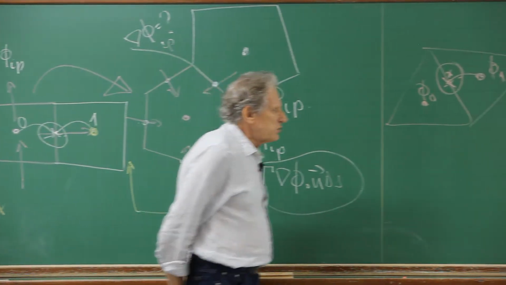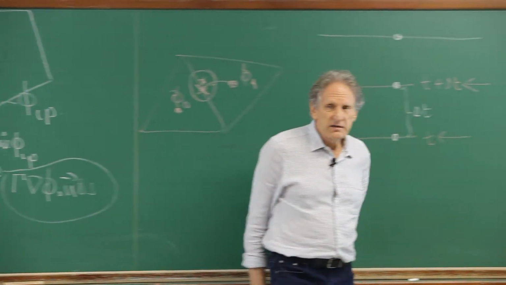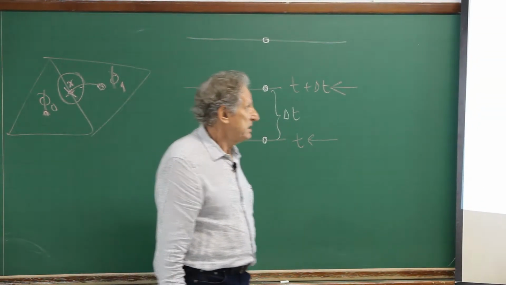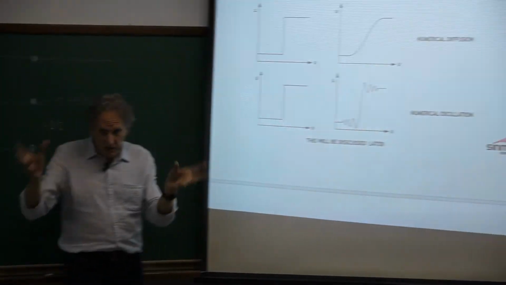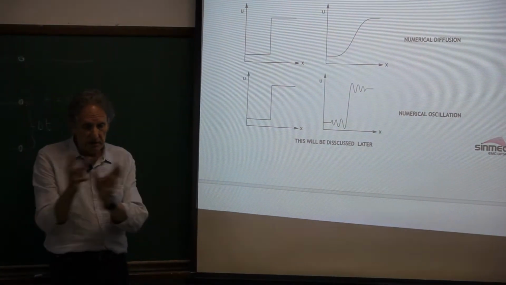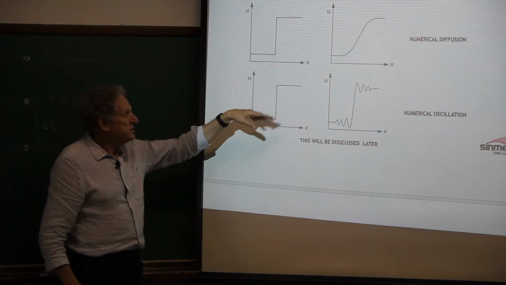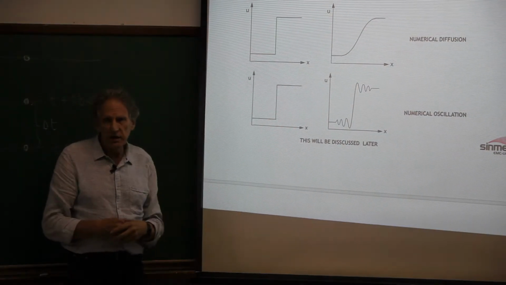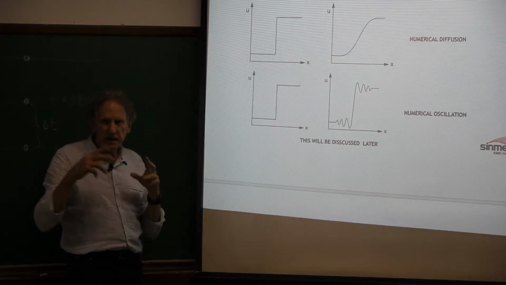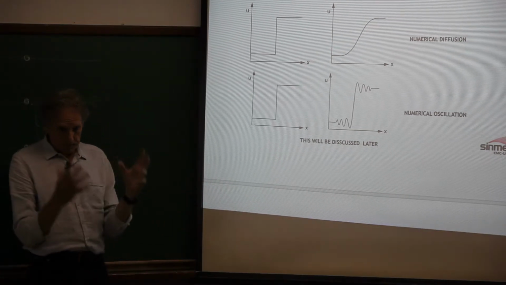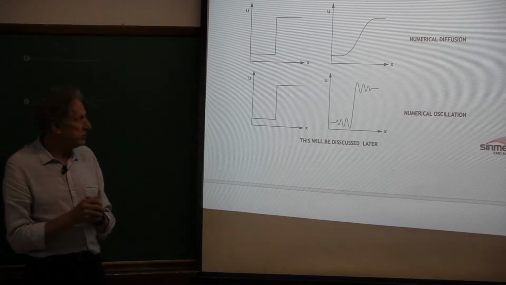And let's go through the last general topic that we want to discuss, which applies for cell center and also cell vertex, which is the numerical diffusion, numerical oscillation. This is graphically the way they appear in your solution.